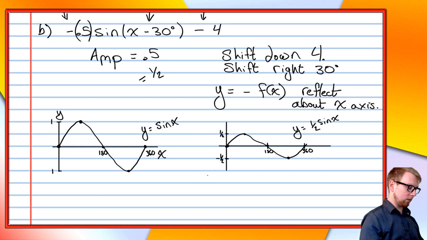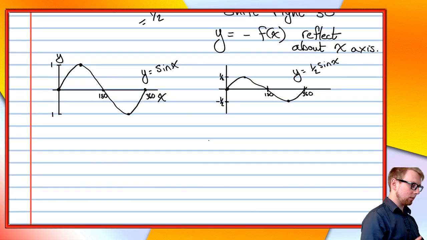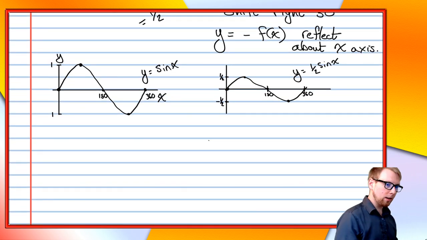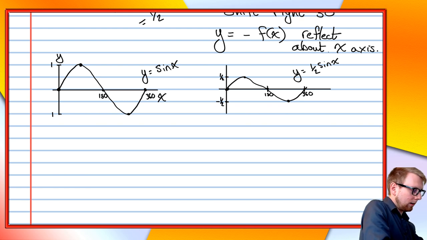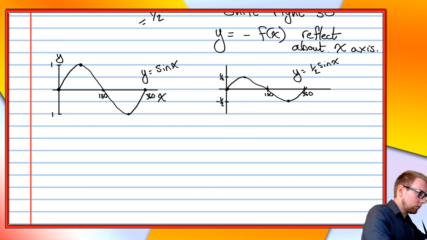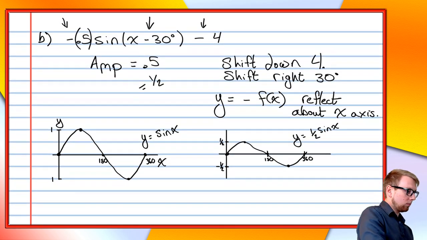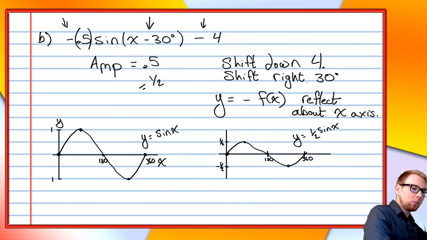Back to what we were doing. So we were at this point where we had y equals 1/2 of sine x. Then we were going to do the horizontal shift, which was shift right 30 degrees. So when we're shifting right 30 degrees, remember we're moving everything to the right by 30 degrees.